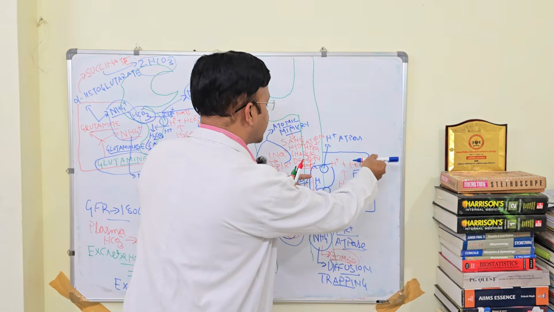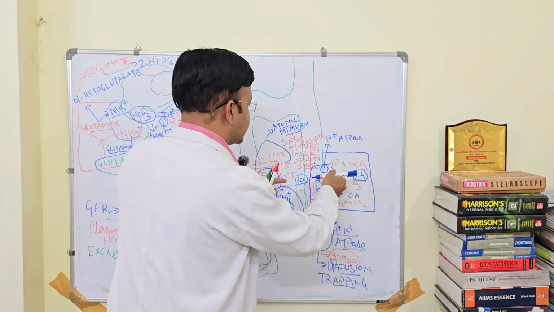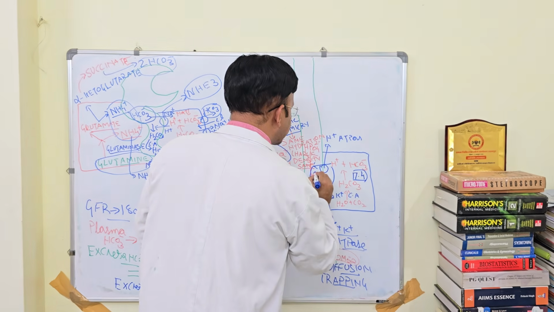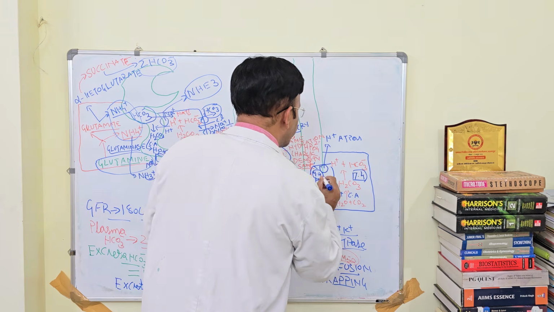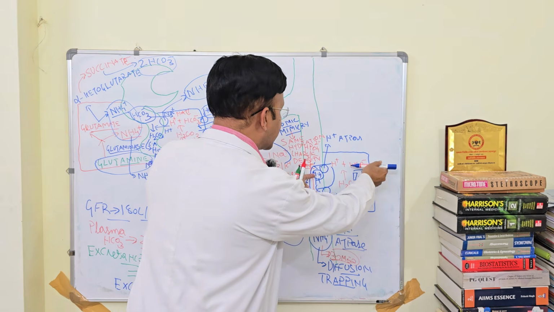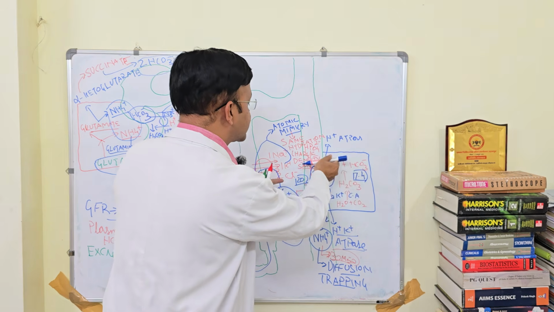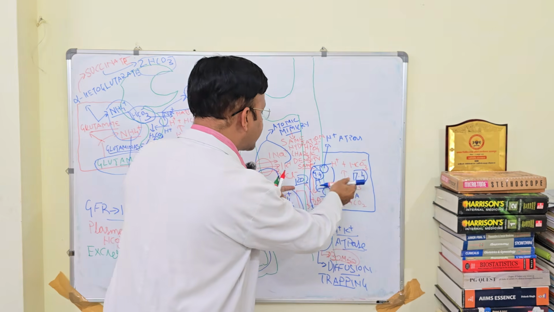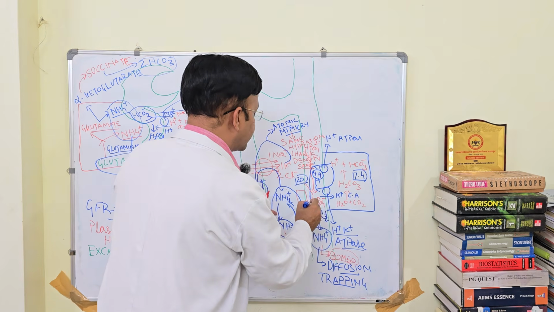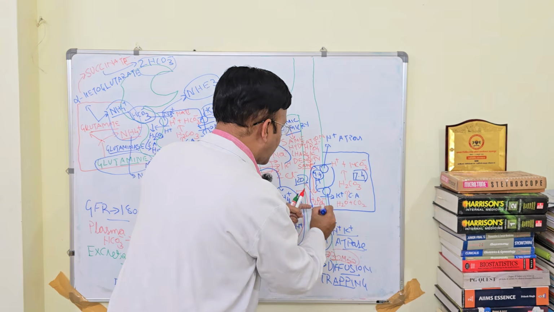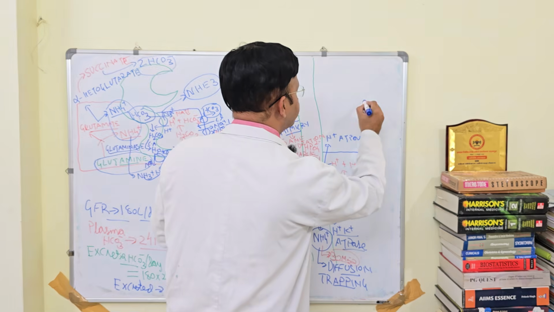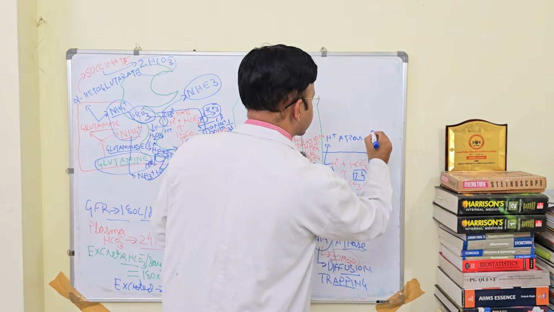So if the gradient becomes more than 1000, that means if the urinary pH is 4.4, the urinary pH can't be less than 4.4, right? If urinary pH is 4.4, at this point the gradient will become more than 1000, and these ion pumps won't be able to pump through this. So all this free H plus ion needs to be absorbed into this H2PO4 or NH3, right? You know the reason now? This pH 7 and pH 6, right?